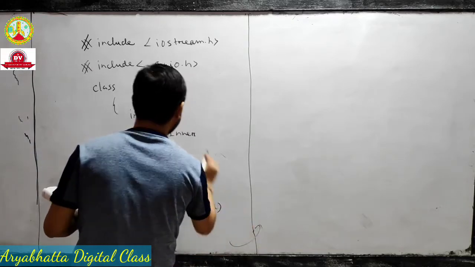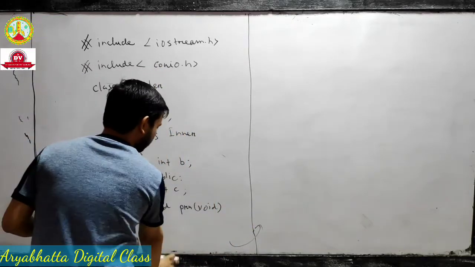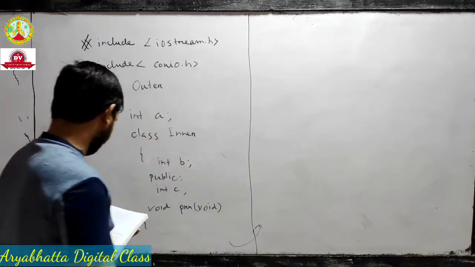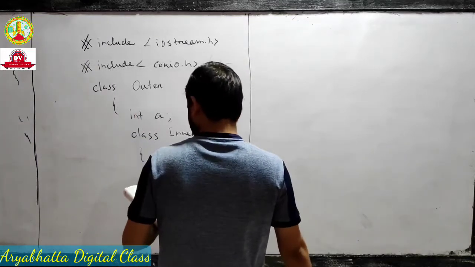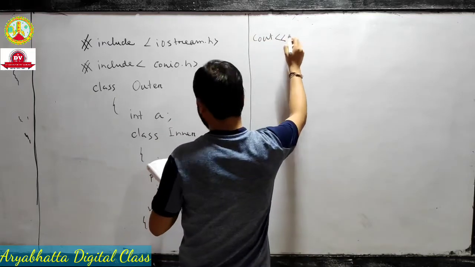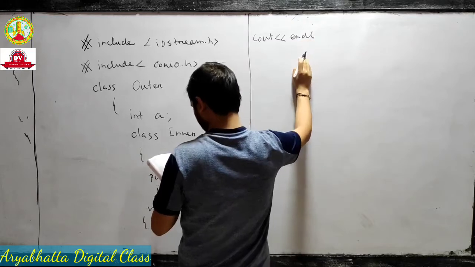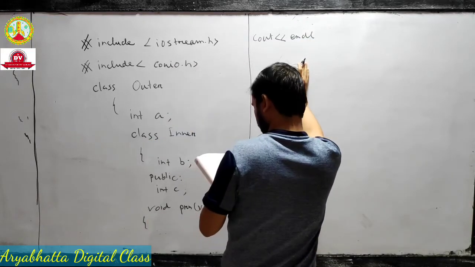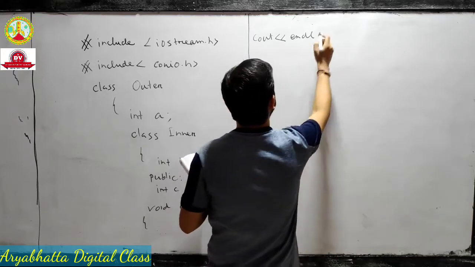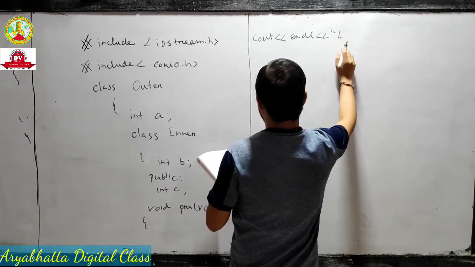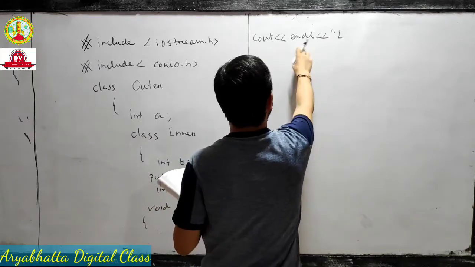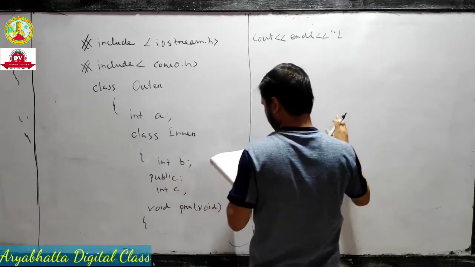After this you write this, and below you write serially. There is no space, that's why I am writing here on the right side. If you don't write this endl, it will also be okay, but the book writes it here. endl means new line.